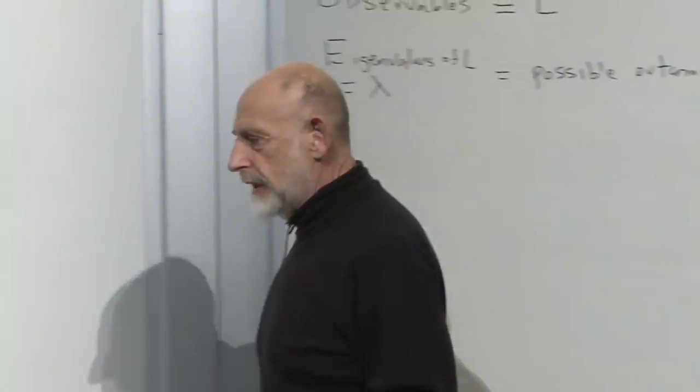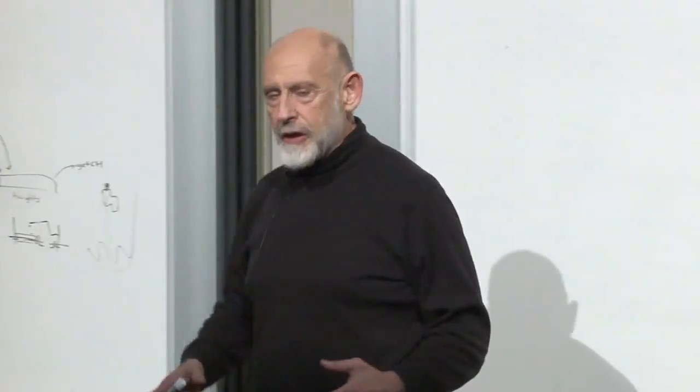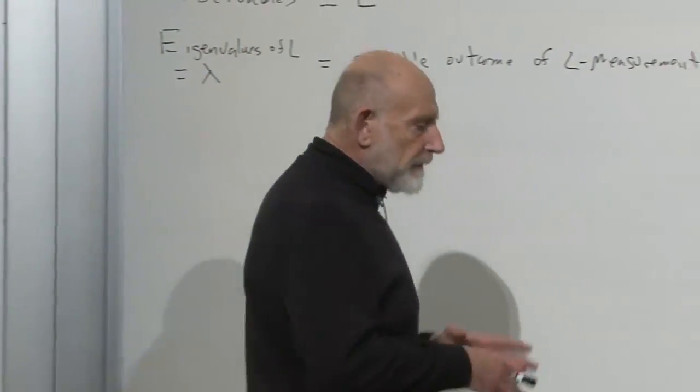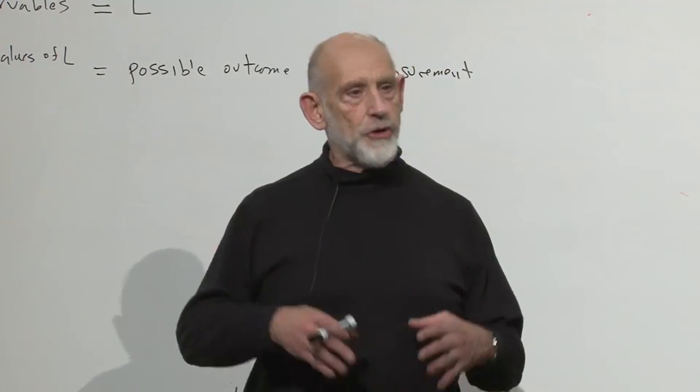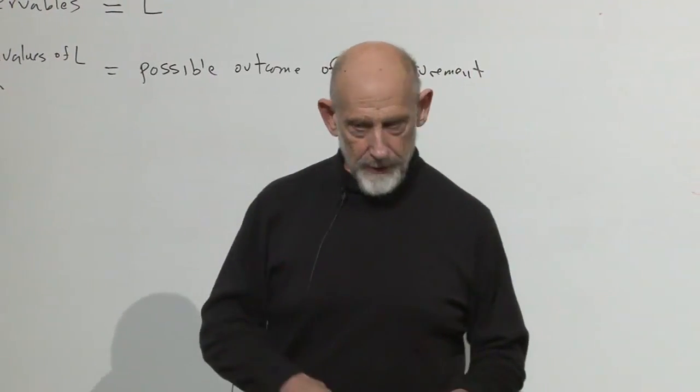All right, so that leads to the notion, I'm not going to try to give a more precise definition of it, of physically distinguishable states, by which is meant that there exists an experiment or a set of experiments that can unambiguously determine which of the two states you're talking about.